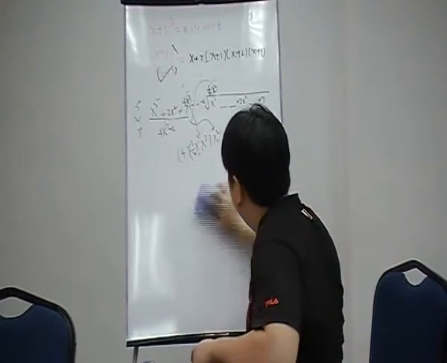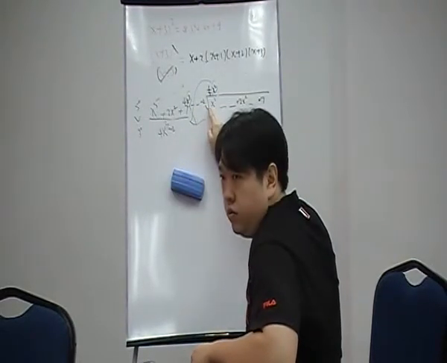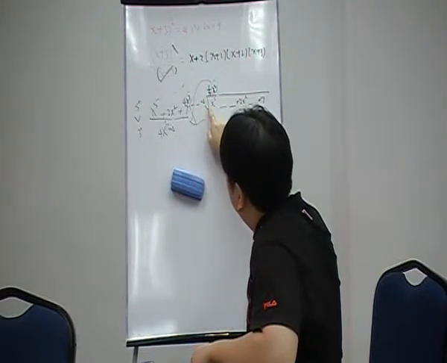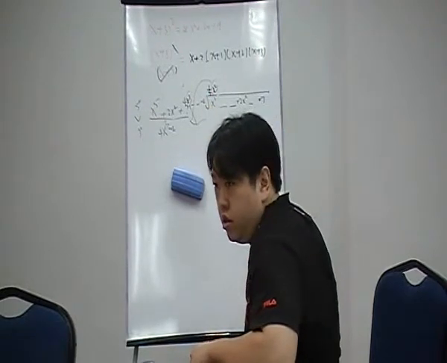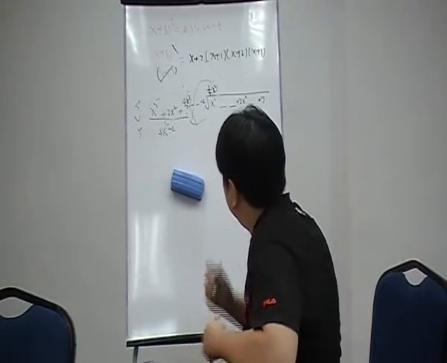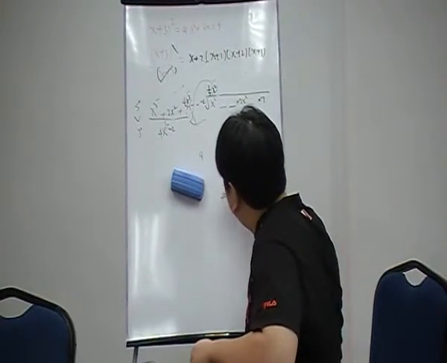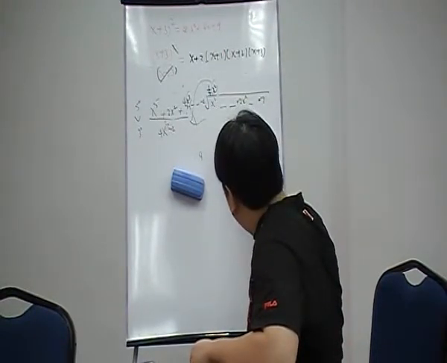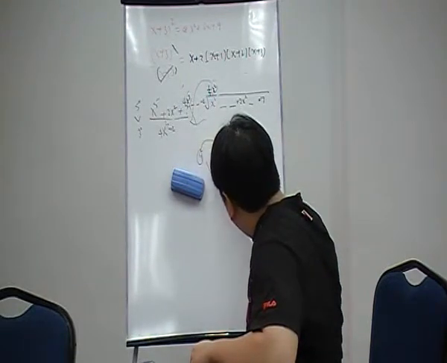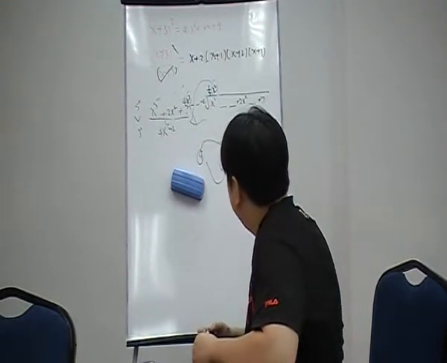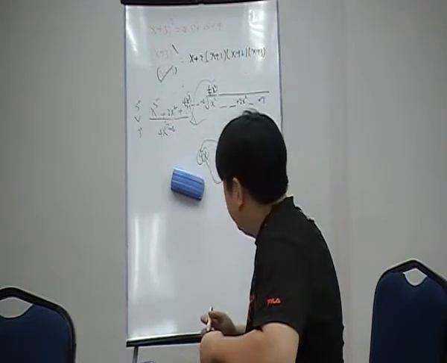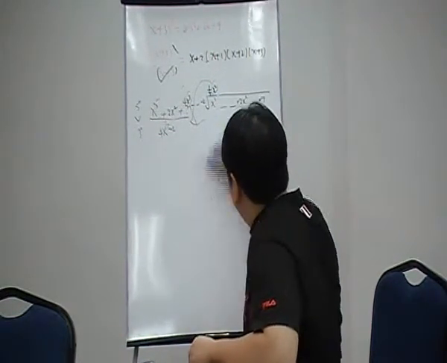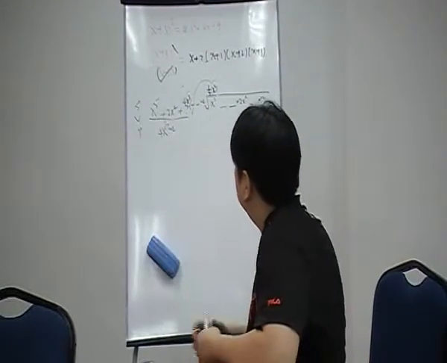If there's a 2x here, I would need to use a half, because half times 4 will equal 2. And if there's an x⁵ here, then you put x² here, because x² times x³ gives me x⁵. Use the number to handle the number, use the x to handle the x.